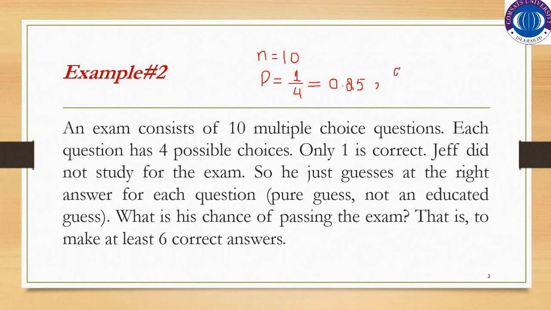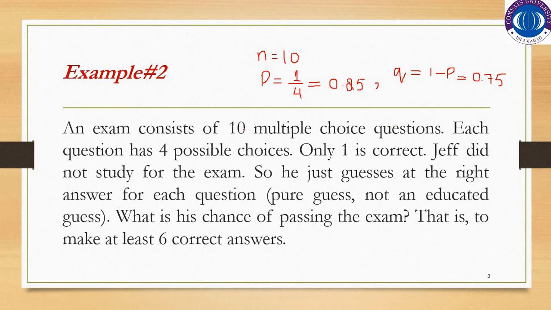And q will be equal to 1 minus p, which will be equal to 0.75.